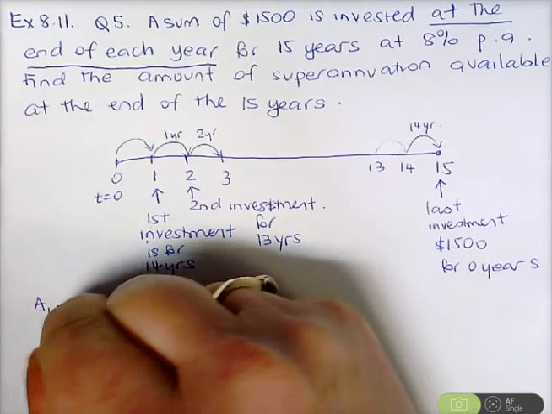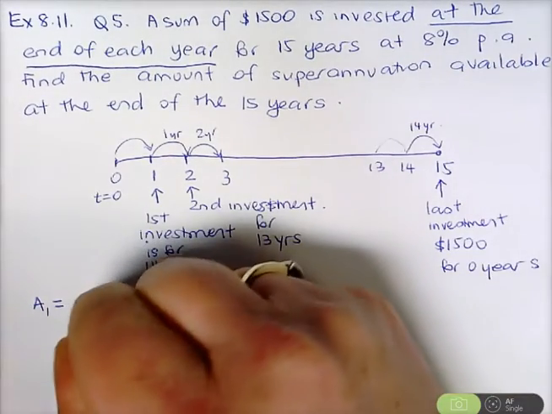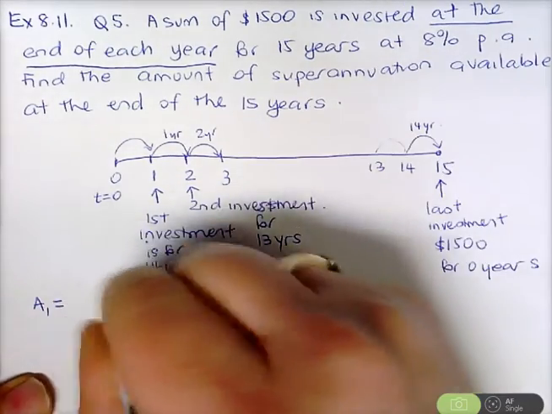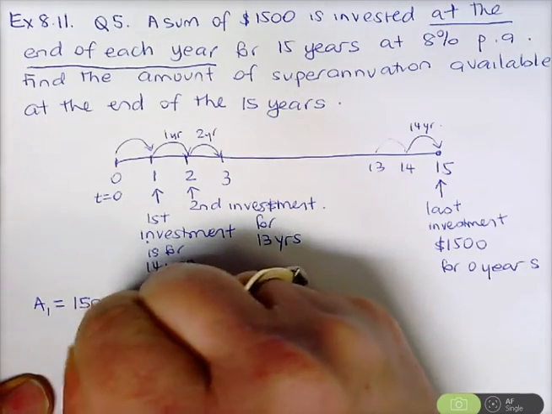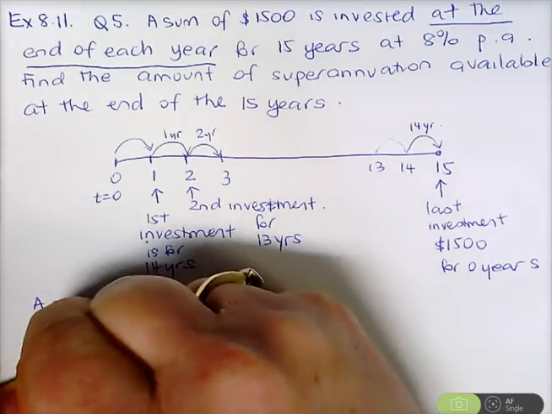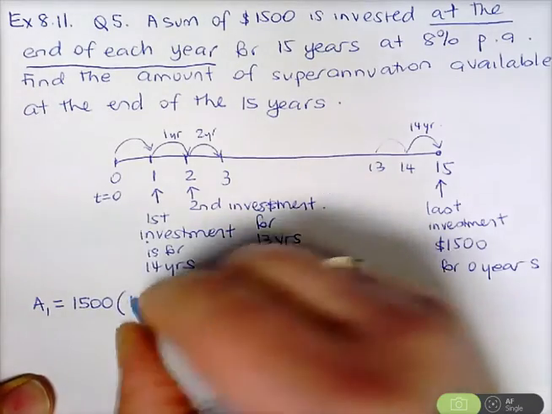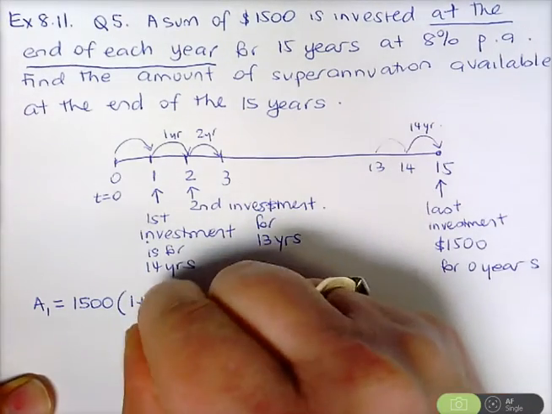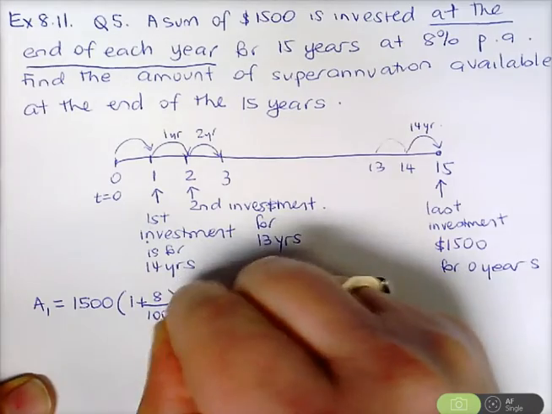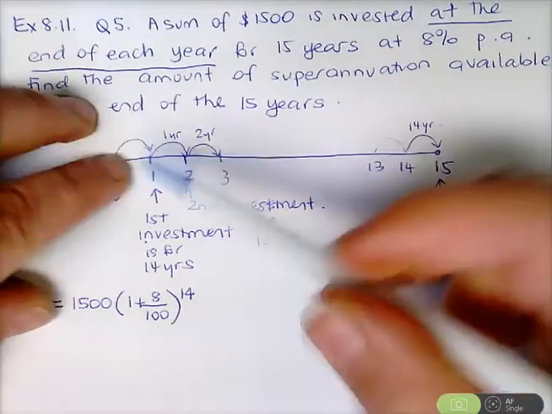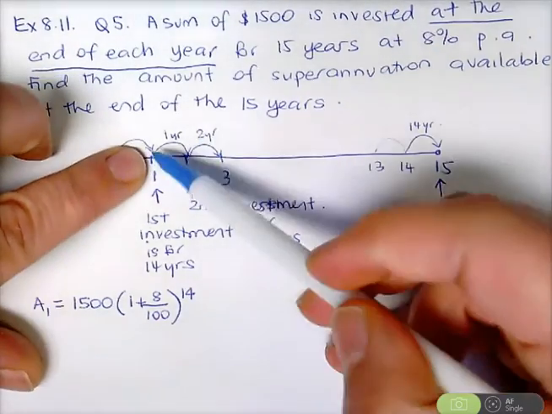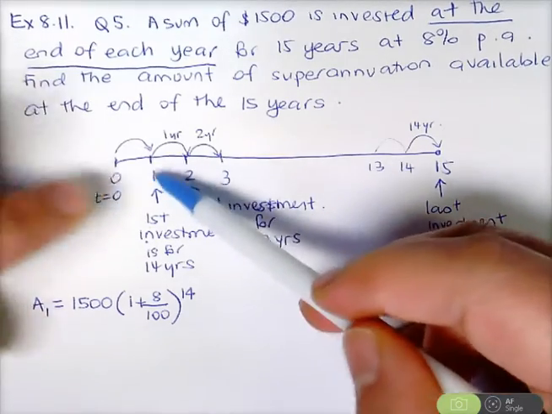So A1, the amount that the first investment grows to. Remember, A equals P(1 + R)^n, so A1 is 1,500(1 + 8/100)^14, as our interest rate is 8% per annum. You have to be really careful here. Notice again the first investment is made at the end of the first year.